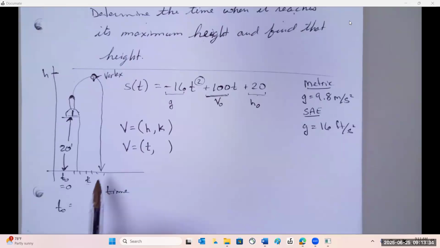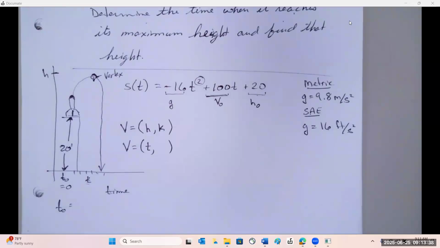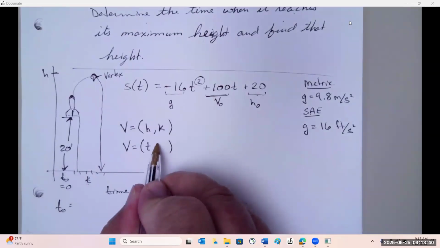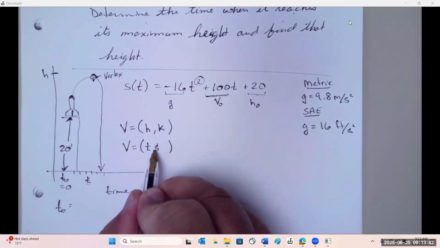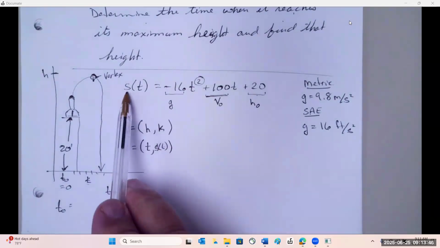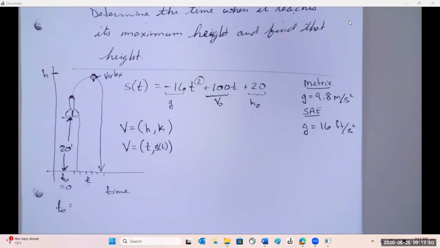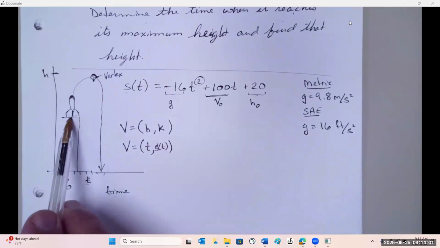Whatever time we have, we plug into our equation, and that gives us our height. So this one, the height, is a position. That's what the s stands for. It's the position function. It tells you where the position of this object is. Because if you think about it, at t sub 0, what is the time when it's sitting up there?